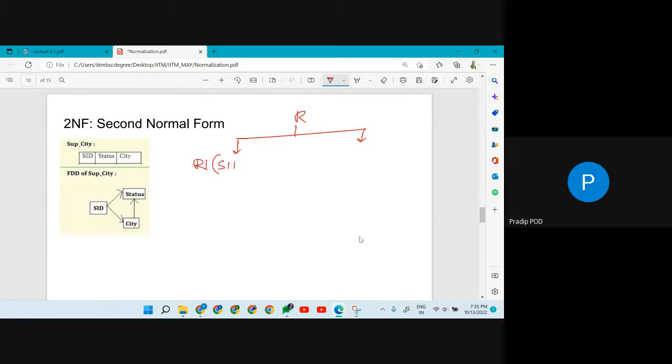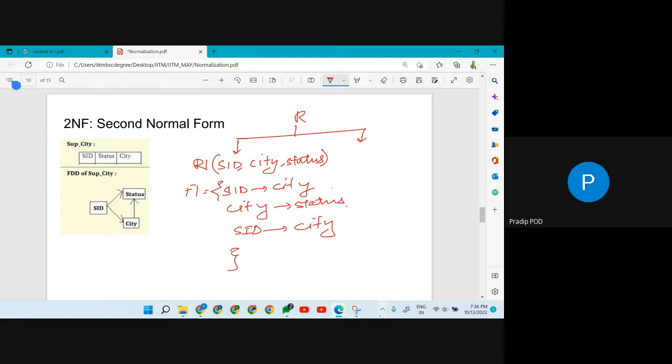R1 has SID, CT, and the status, and the associated functional dependencies are SID to CT, CT to status, and SID to CT. Any other functional dependency possible?